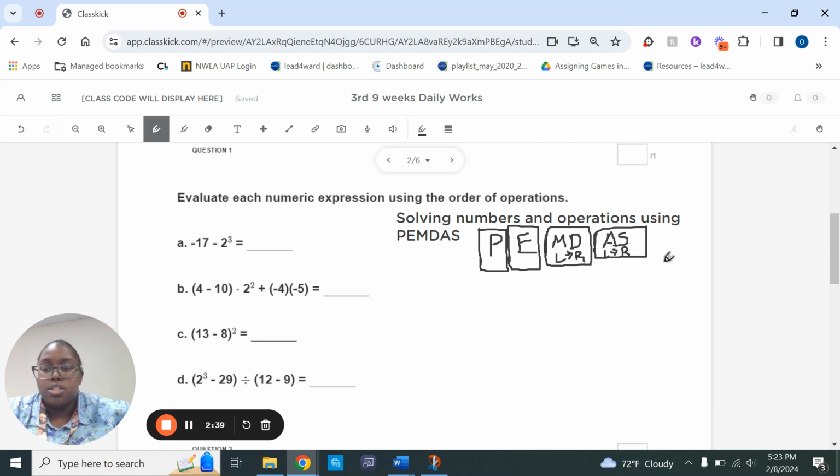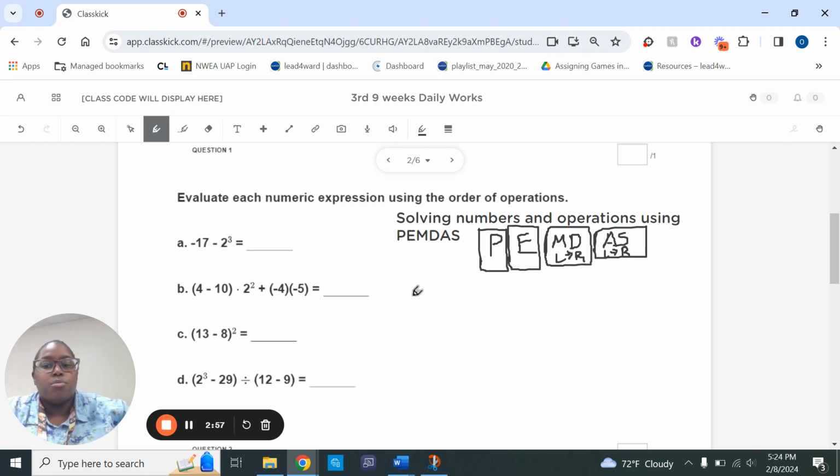Now, as I was telling the student earlier, even though we say you multiply and divide from left to right and add and subtract from left to right, you actually do every part of PEMDAS from left to right. All of this is in reading order. You have to do it from left to right.